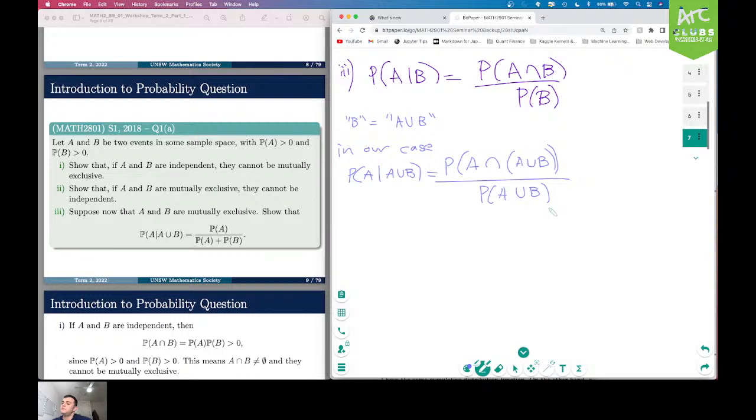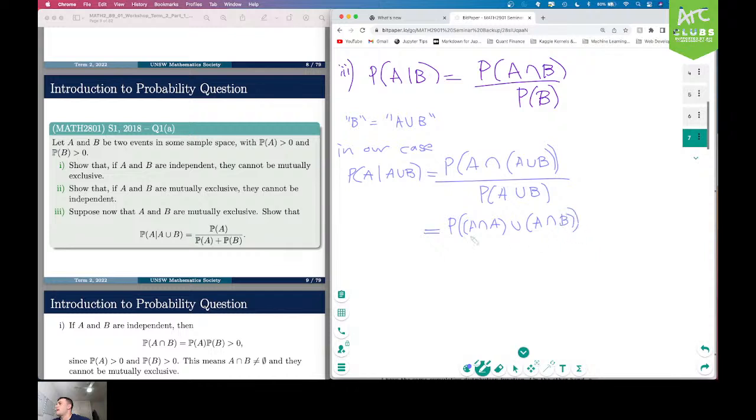Now we can use a little bit of set theory. So what we can say is that this is A intersect A union A intersect B. You can almost expand it. So what we get here is the probability of A intersect A union A intersect B.